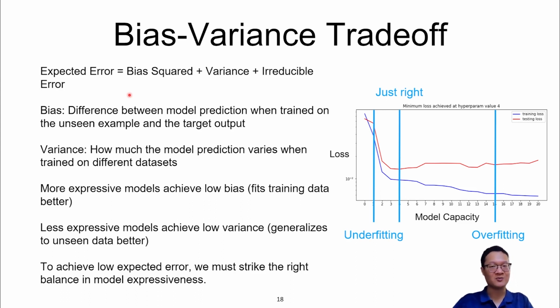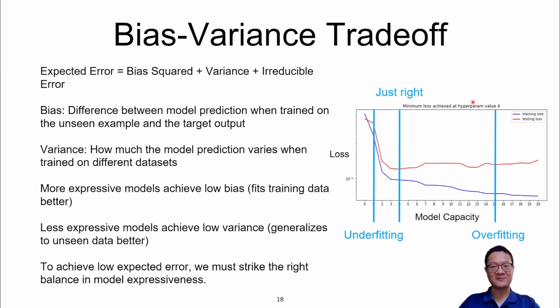So we have looked in great detail at the example of the polynomial model up to degree 20, right? The degree 20 model had a high variance, but it had a very low bias. And then the degree 1 and 2 models could not achieve low bias. They could not fit the training data well, but they don't really vary much when we looked at different sets of training data.